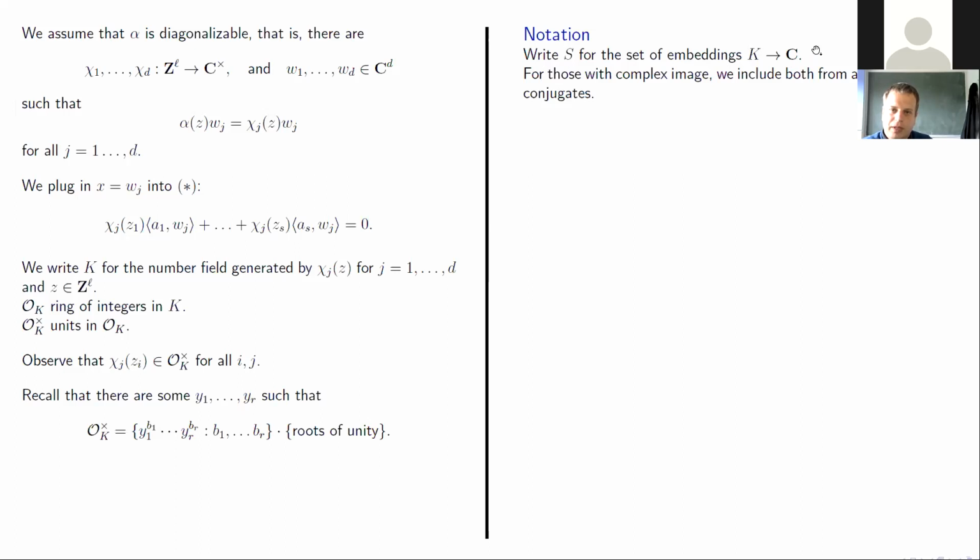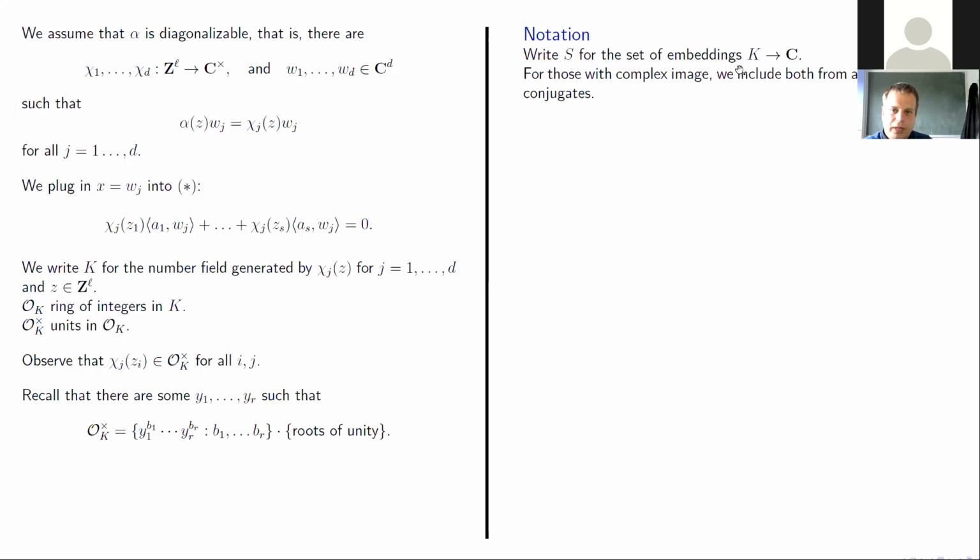There are as many of these as the degree of the number field. I use a somewhat strange convention that I include both copies from a pair of complex conjugate embeddings.